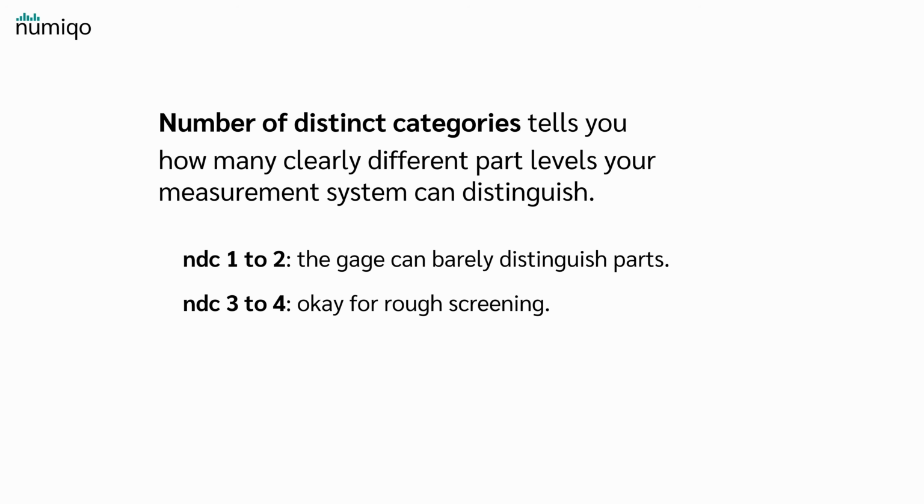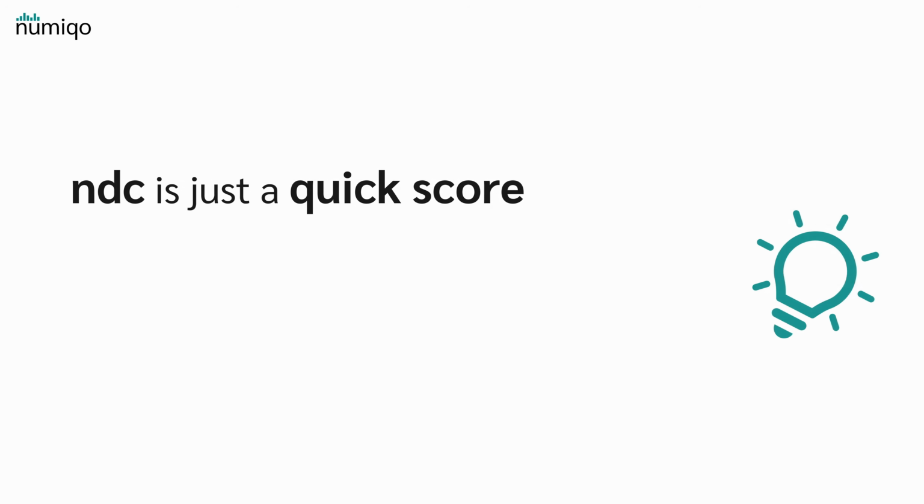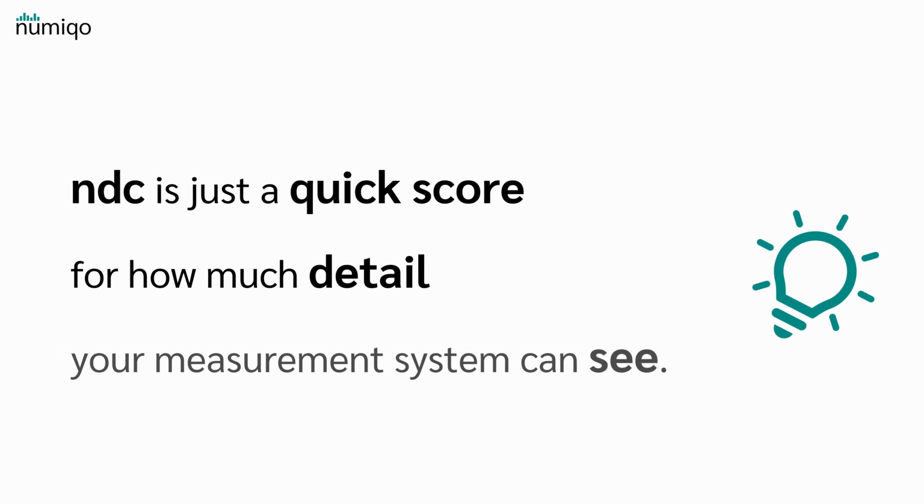NDC 3 to 4, okay for rough screening. NDC 5 or more, generally good, you can see real differences. NDC 10 or more, very good resolution. So NDC is just a quick score for how much detail your measurement system can see.